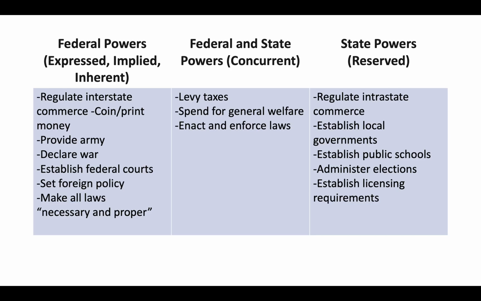But concurrent. Concurrent means both can do it. Make sure you have a little star in your notebook and write both can do it. Both the federal government and state government levy taxes. We have state taxes and federal taxes. We spend for general welfare.